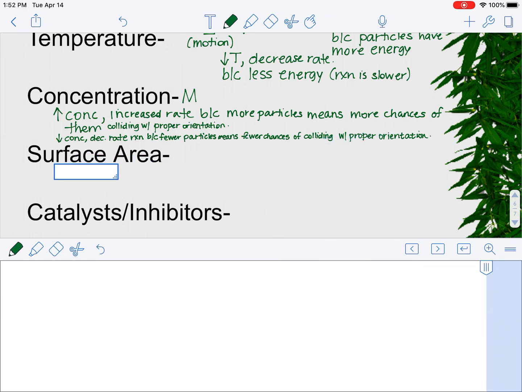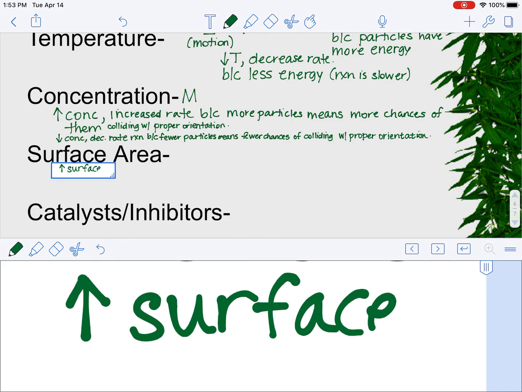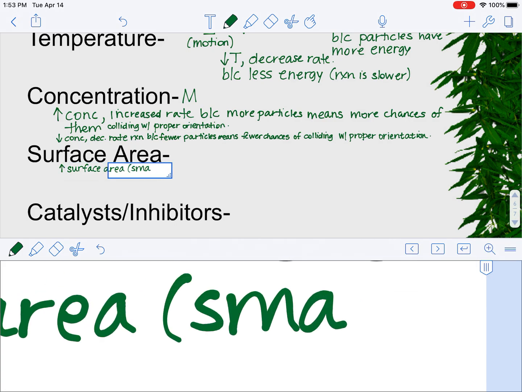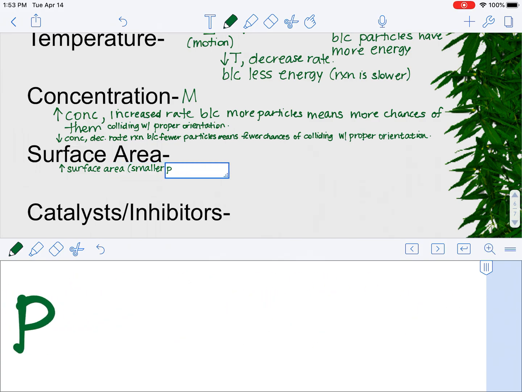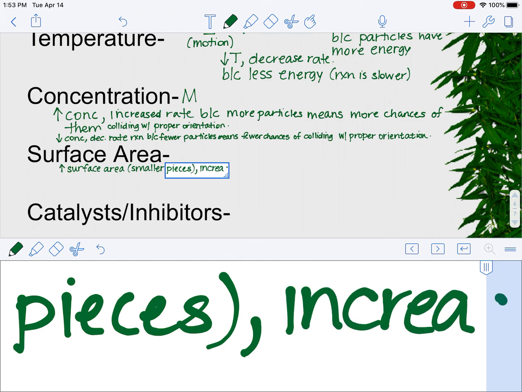Our third factor, surface area. Linking it up with the collision theory, surface area doesn't have to do with the energy, but rather it has to do with the collisions and their proper orientation. Just like concentration, the greater the surface area, which remember, that means we have the smaller pieces, is going to have an increased rate.